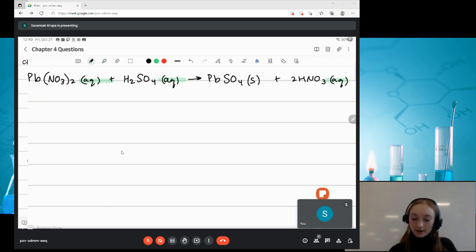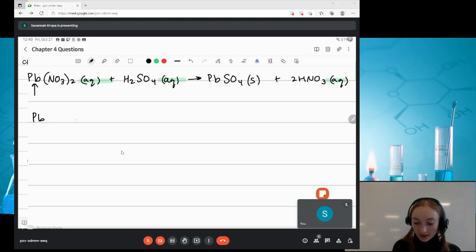So for the complete ionic equation, we have lead, and it looks like, because everything is balanced here, we can look at an indicator because transition metals, they can have different charges. They can have like a +2 or a +3 charge. So looking at the compound when it's balanced can tell us which charge it was chosen for in that compound.